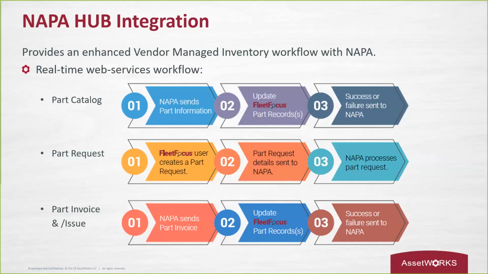If those are identified as Napa parts, behind the scenes automatically in real time it would get sent to Napa to fulfill. And then the third layer represents where Napa is fulfilling that part, and it sends in the part issue that gets allocated to what you requested it against, as well as sending the invoice in at that time. So that's a 3-step series, really how the workflow works.